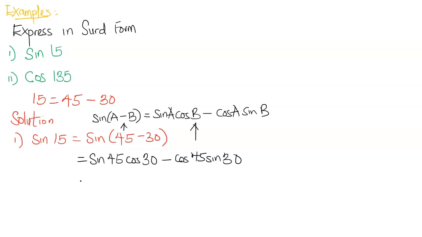Going by this definition, we know what sine 45 is. Sine 45 is 1 over root 2, which is the same as root 2 over 2. Cos 30, that's root 3 over 2, minus cos 45, that's also root 2 over 2.